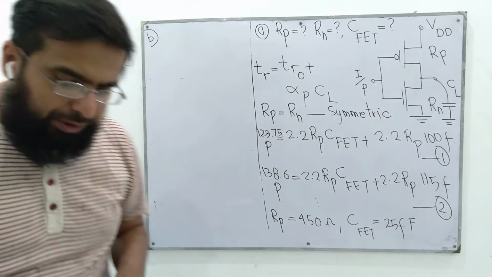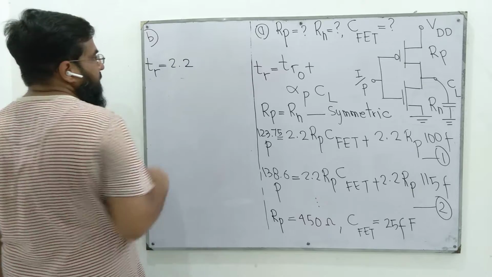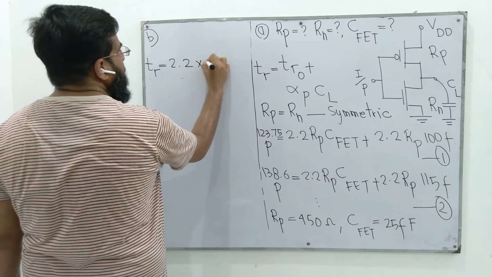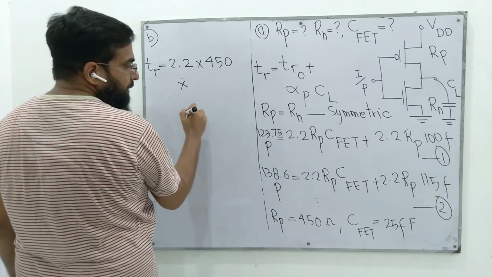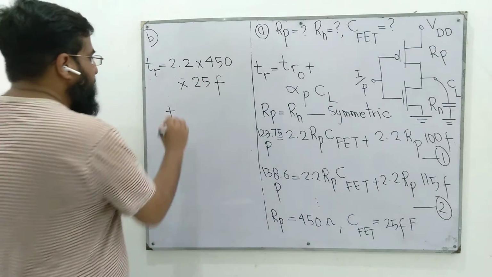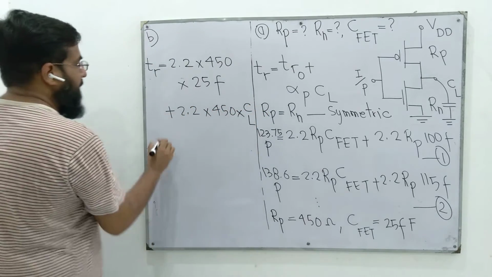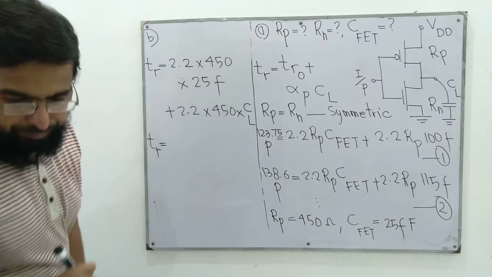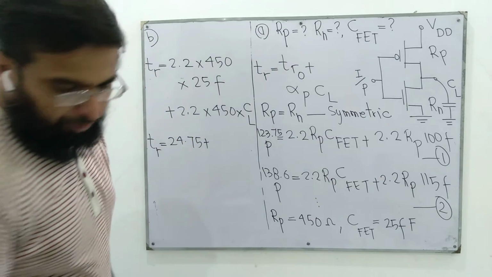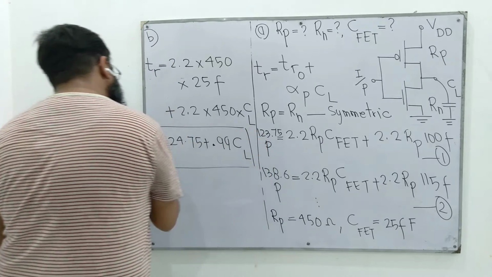Now we have to find a general expression for Tr, and we have to plot Tr versus Cl. Tr is 2.2 times Rp, that is 450, times CFET, which is 25 femto, plus 2.2 times Rp, which is 450, times Cl. So this gives us a linear equation, which is 24.75 plus 0.99 Cl. So this is a general equation of a line.